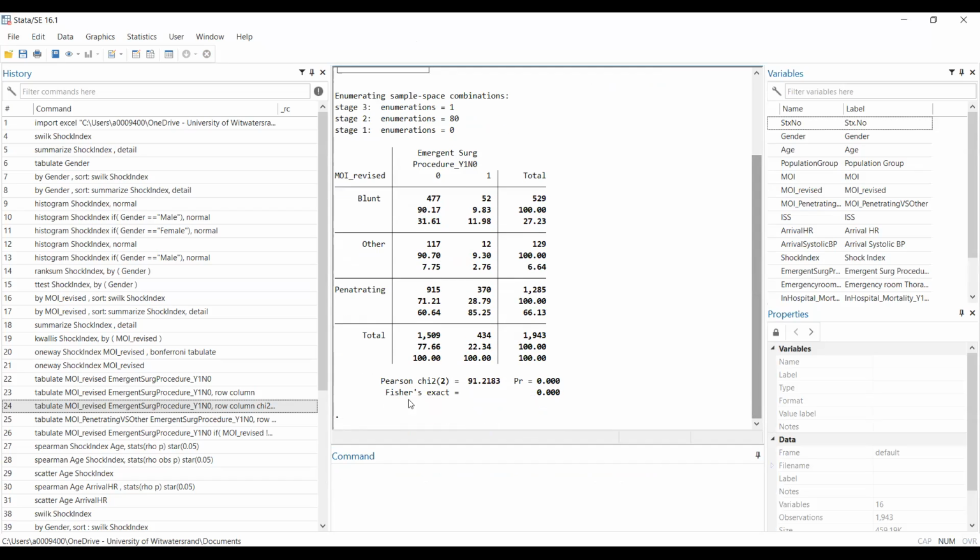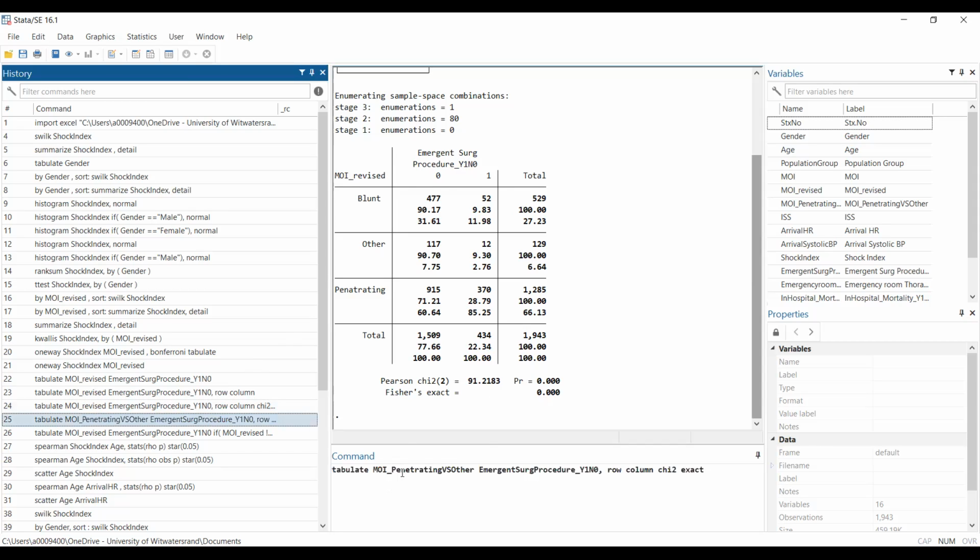Again, usually it will give Fisher's if it feels like you need to use Fisher's. It may be because some of the categories have rather small numbers. But again, we can talk about a trend because it's a 2x3 table. But as I said, we're then going to look at mechanism of injury where we combine anything else that's not penetrating.